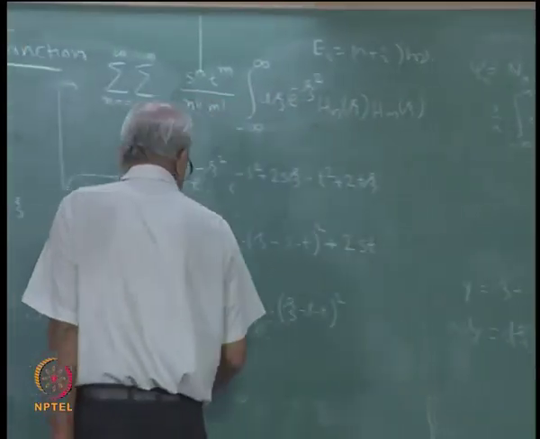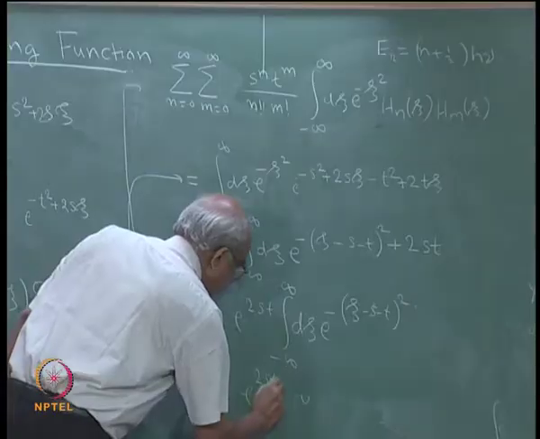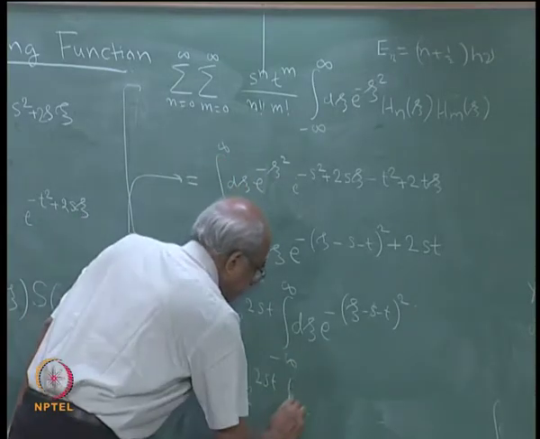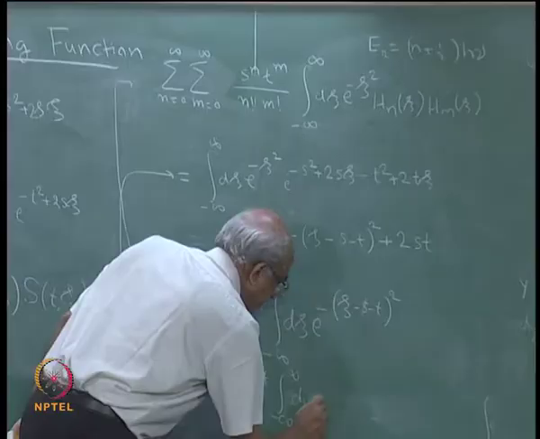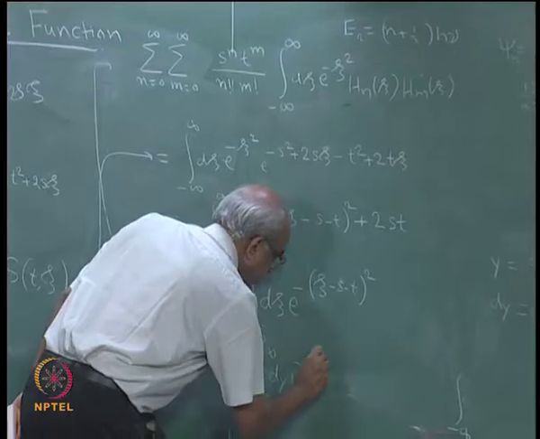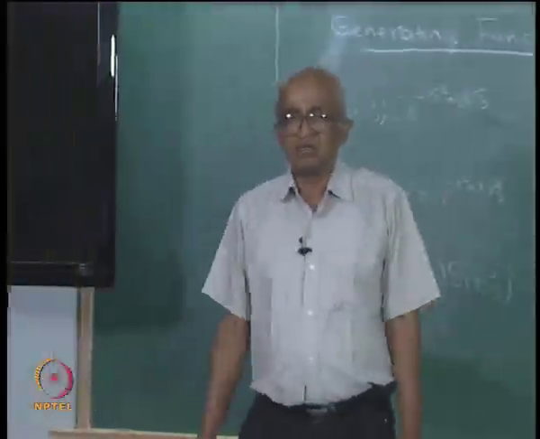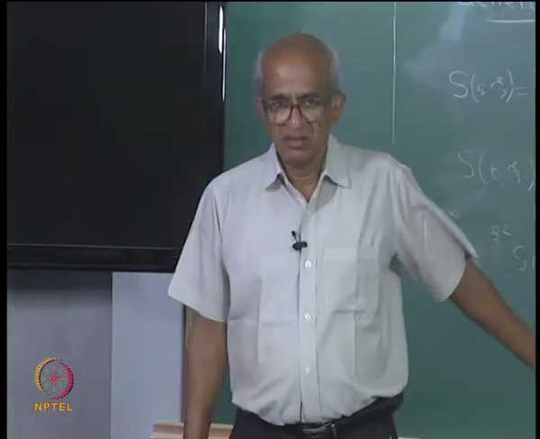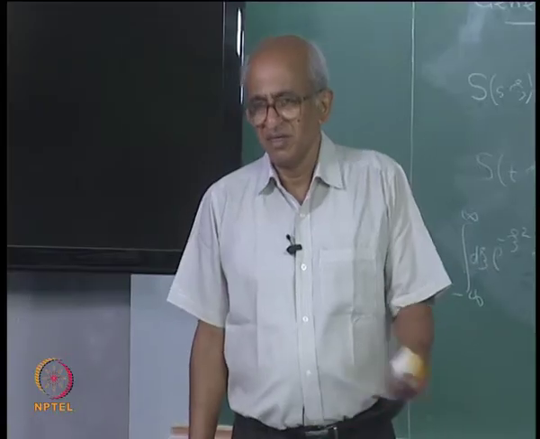So, what will happen to this integral? It is going to be equal to e to the power of 2st times the integral from minus infinity to plus infinity dy of e to the power of minus y square. That is all. And this is a very easy integral in a sense.